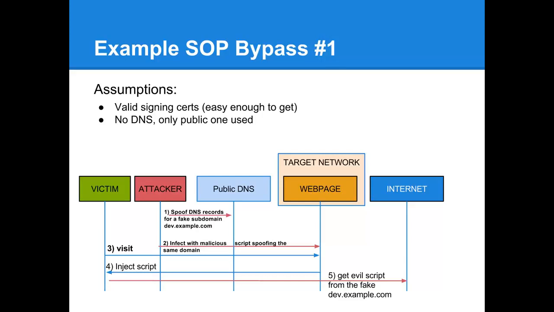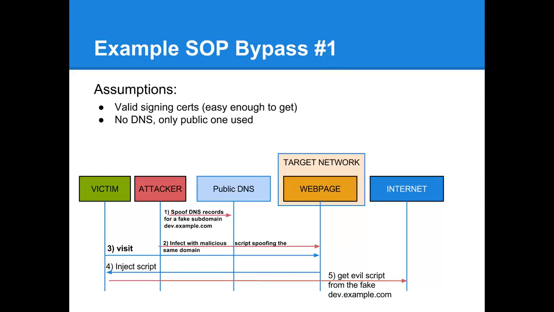The second step would be to infect the target website with a script pointing to a script at this fake subdomain, say, for instance, dev.example.com, where otherwise there would actually be no dev.example.com.